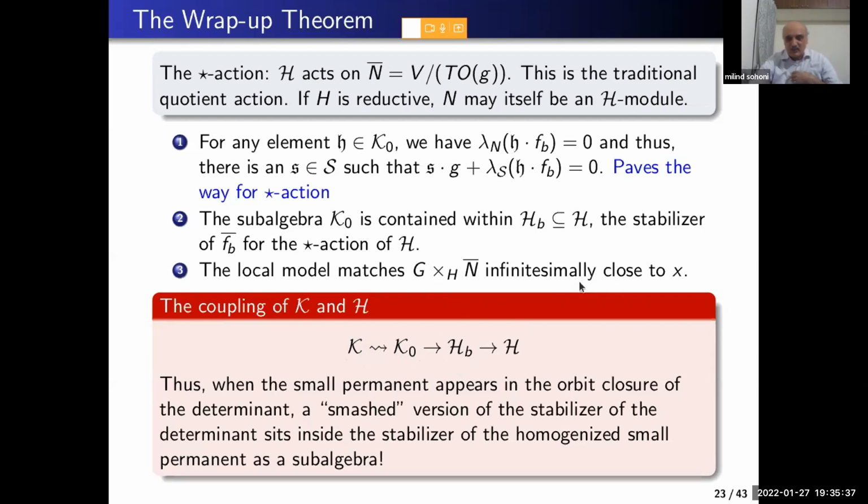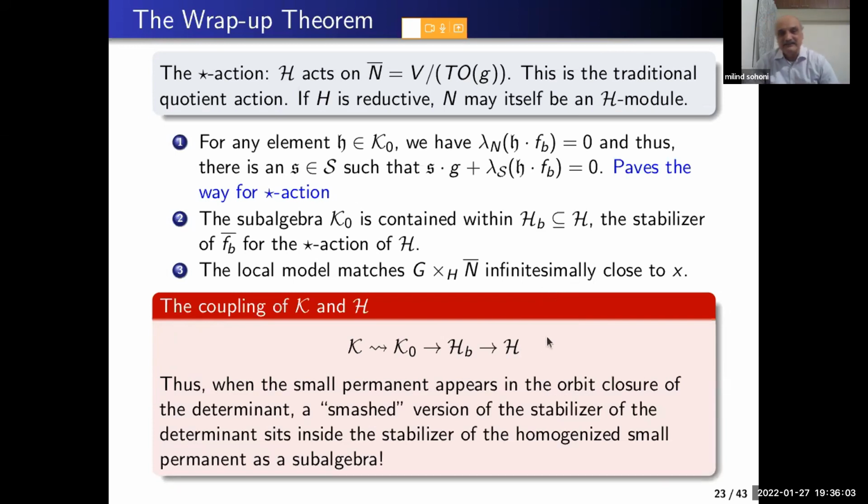So what we really show is that this GXHN bar is infinitesimally near the orbit, because the horizontal shear in this GXHN bar is 0, and this is what is really happening in the general case, in the absolute epsilon vicinity of the orbit.